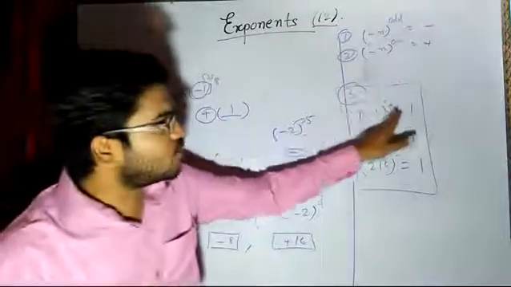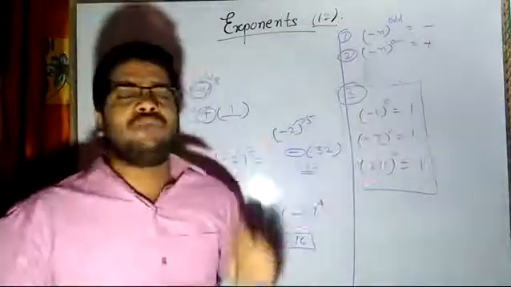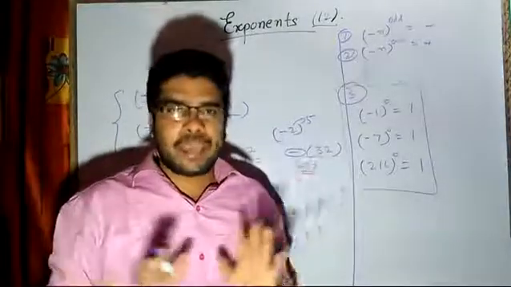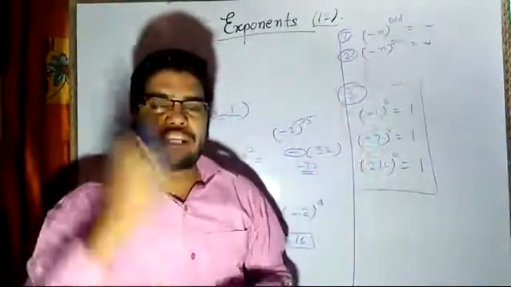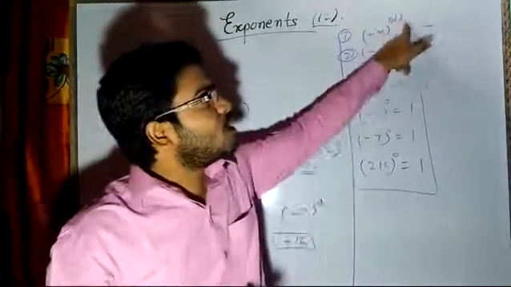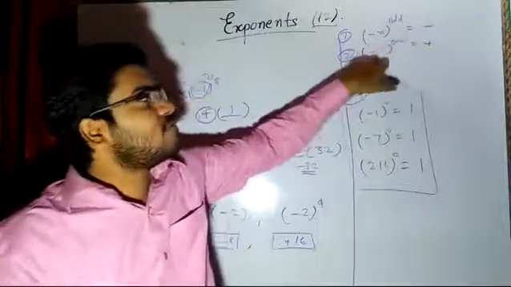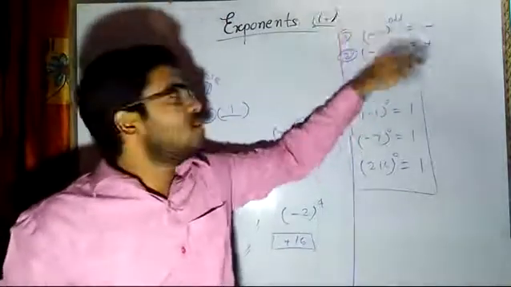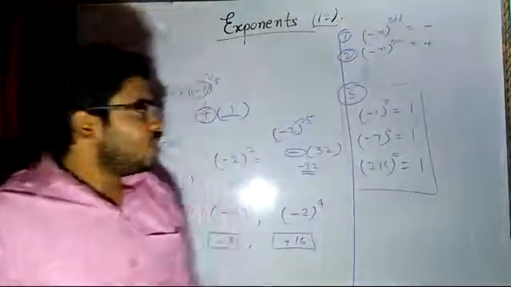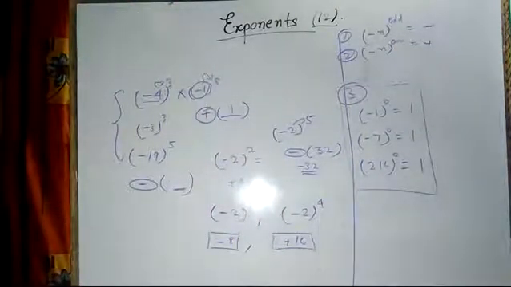The third fixed rule that you should remember is that anything raised power 0 will always be 1, whatever may be the size of the base. If the base is 1 lakh raised power 0, the answer will be equal to 1. If I have a negative number raised to an odd power, the answer will be negative with the numerical value. If we have a negative number raised to an even power, then we are having positive. Now after this we are going to discuss the laws of exponents.